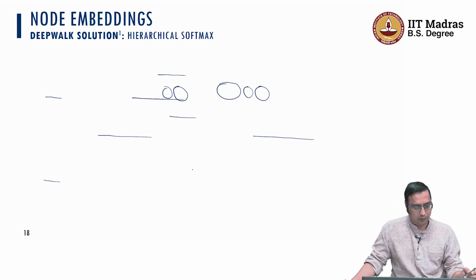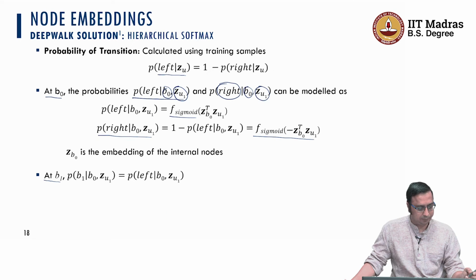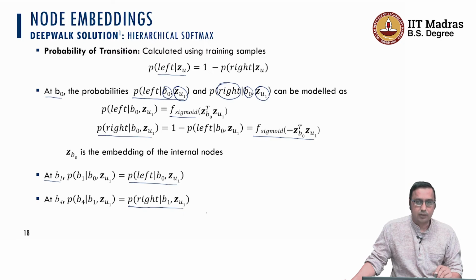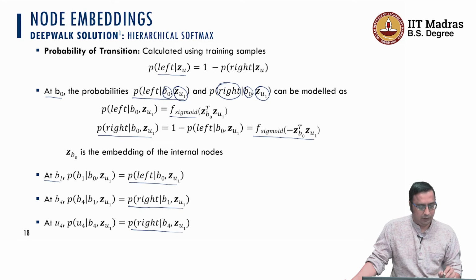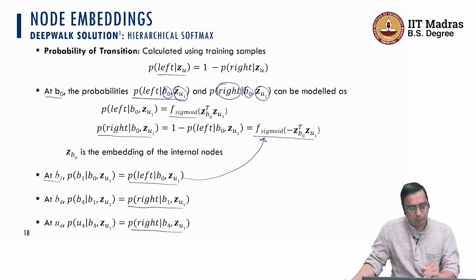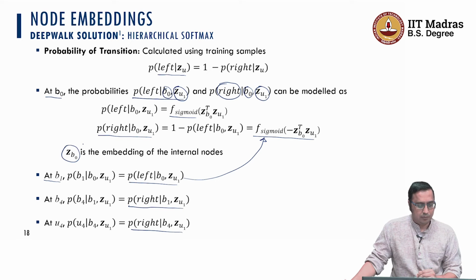I am trying to find those probabilities here, where going towards the left has a probability which we know from here. Similarly, B4 is on the right side, so we have to predict the probability of this one given ZU1, and similarly U4, again going right. Hence, we can calculate this probability from the data using the sigmoid and an embedding function for ZB0.